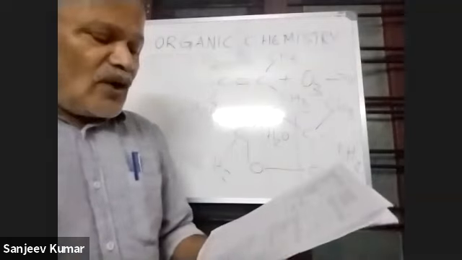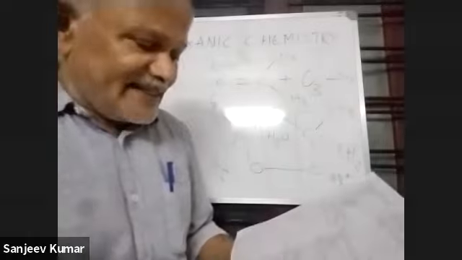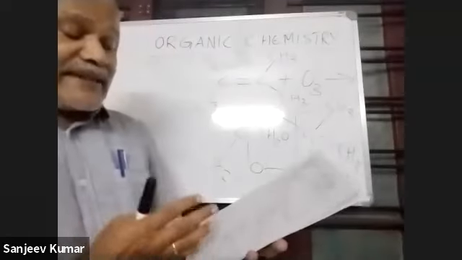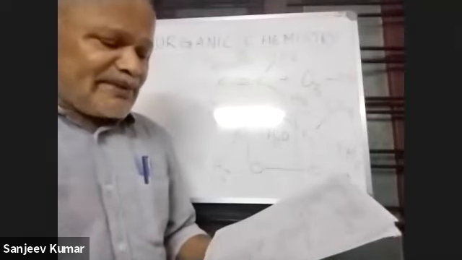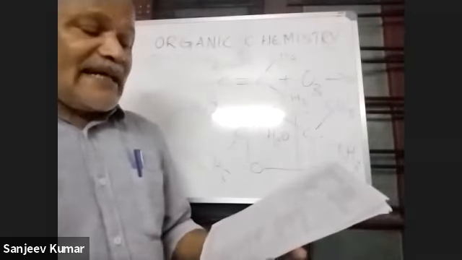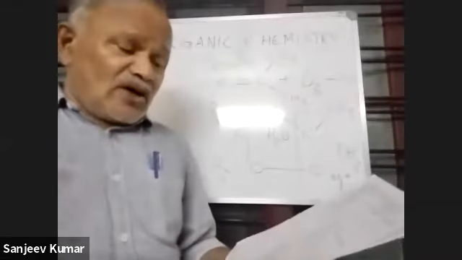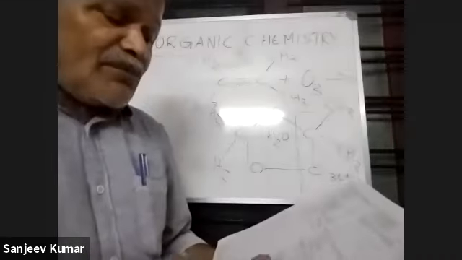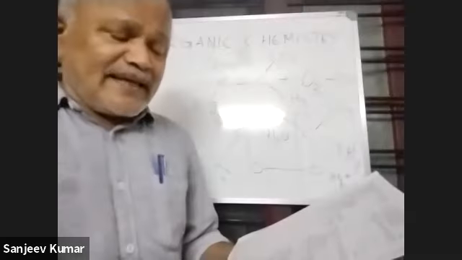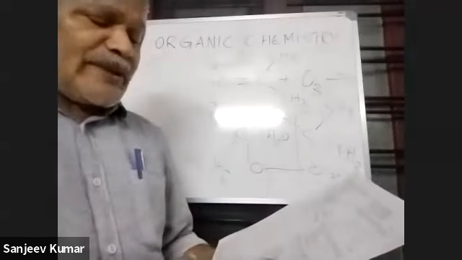This Y on treating with concentrated sulfuric acid and heating gives Z, and Z on treating with Baeyer's reagent, alkaline KMnO4, you will get a diol, that is propane-1,2-diol. That means an alkene on treating with Baeyer's reagent will give a diol, and therefore Z is propene.